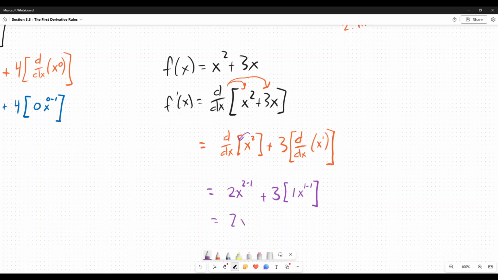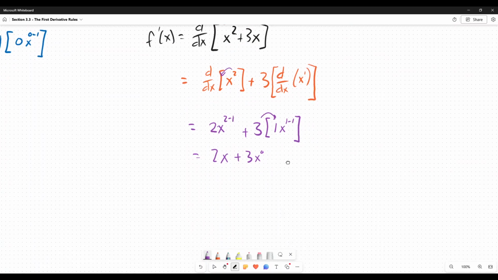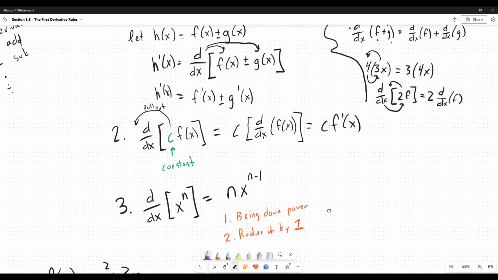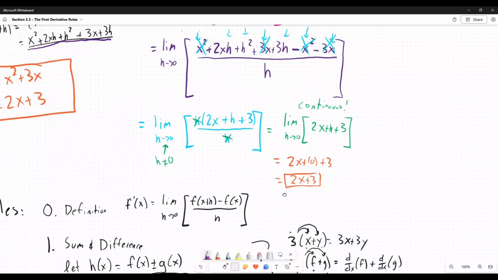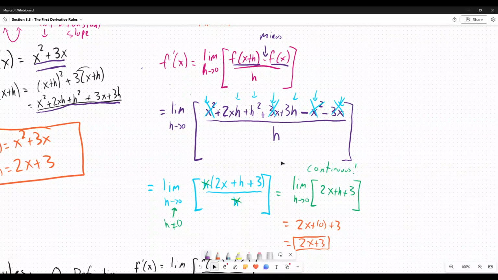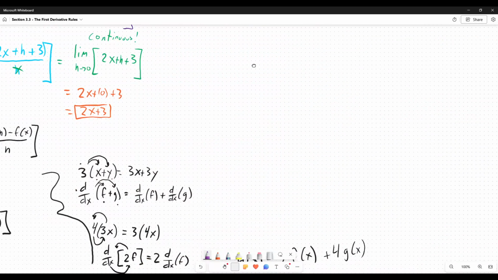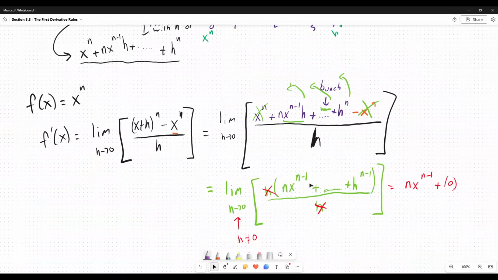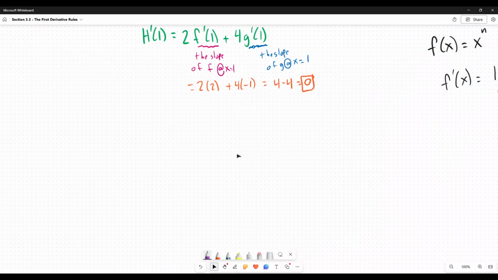This is going to be 2 times x, and this is going to be 3 times 1, which is 3 times x to the 0. And as a reminder, x to the 0 is 1. Exactly what we found previously using the definition, but we didn't have to use that clunky, hard-to-find definition. Again, the definition builds the rule, and the rule is what becomes useful to us.